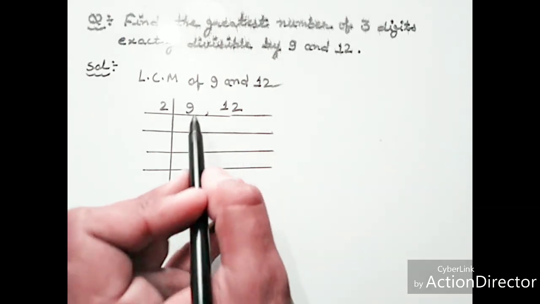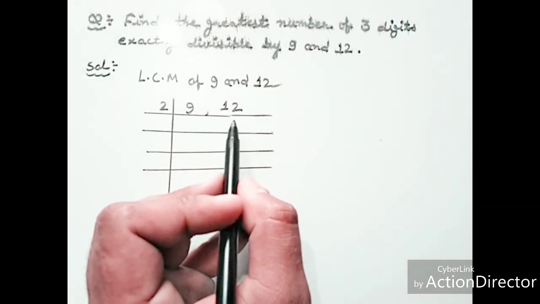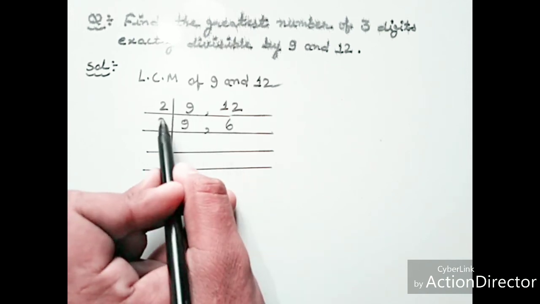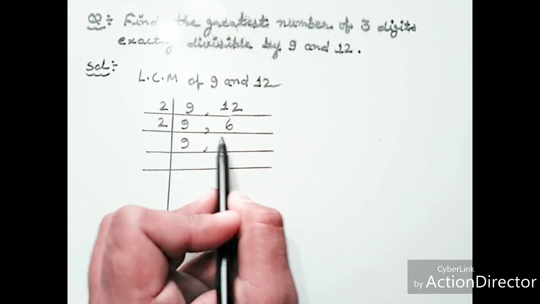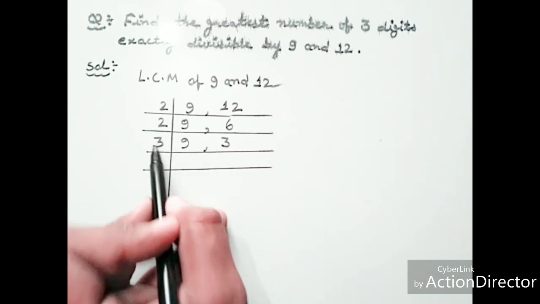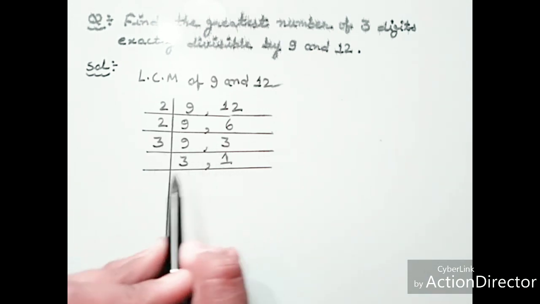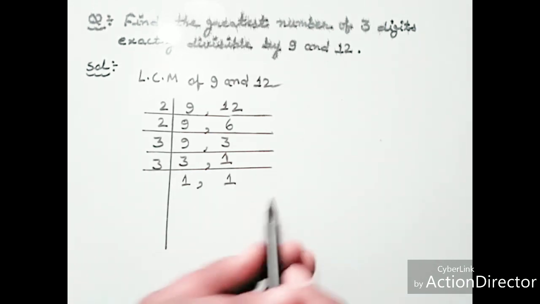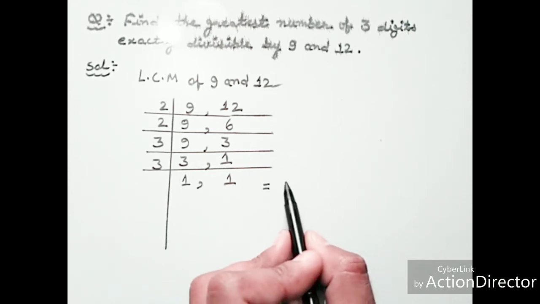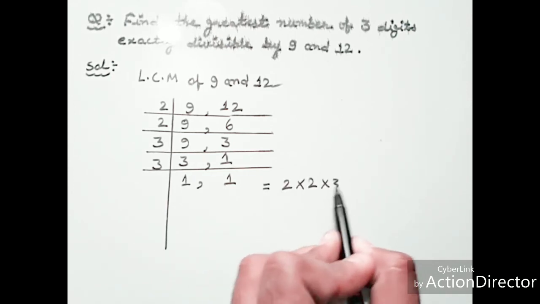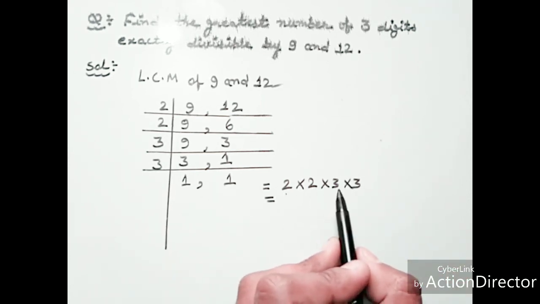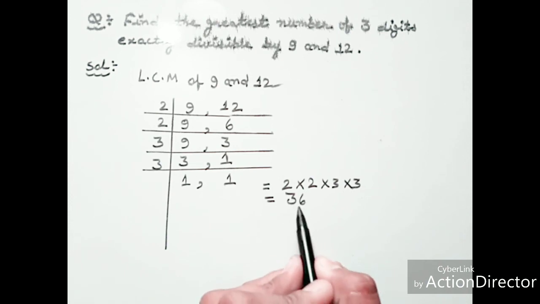First we divide 9 and 12 by 2, write 9 as it is, and 2 6s are 12. Then again divide by 2, 2 3s are 6. Then divide by 3, 3 3s are 9, and 3 1s are 3, and 3 1s are 3. Now the LCM of 9 and 12 is 2 multiplied by 2 multiplied by 3 and 3. 2 2s are 4, 4 3s are 12, and 12 3s are 36. So 36 is the LCM of 9 and 12.